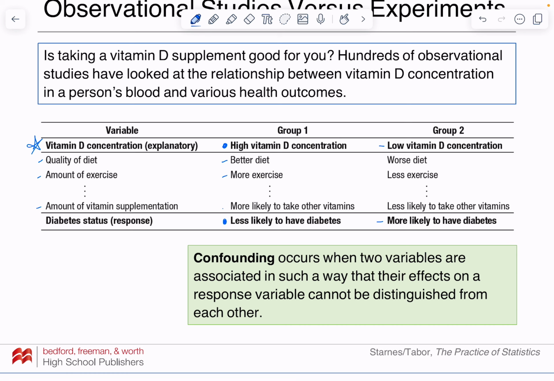We want something to be very clear cut. Okay, so since we don't know if it's the vitamin D causing people to be less likely to have diabetes, or maybe it's their diet or their exercise, or they're more likely to take other vitamins, since we don't know which one is causing the likelihood of diabetes to be reduced, that's confounding and we don't want it.